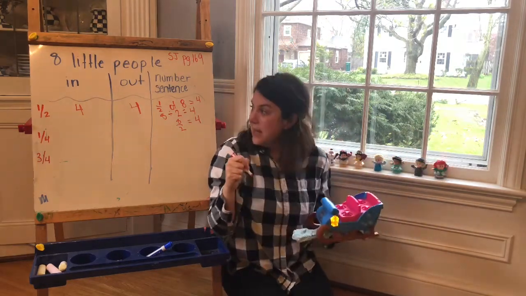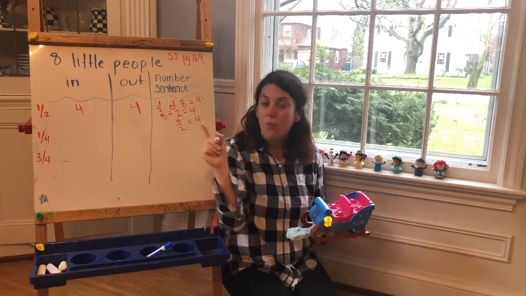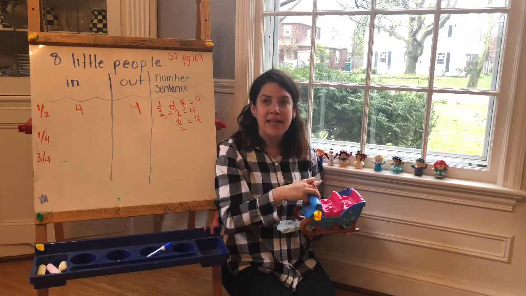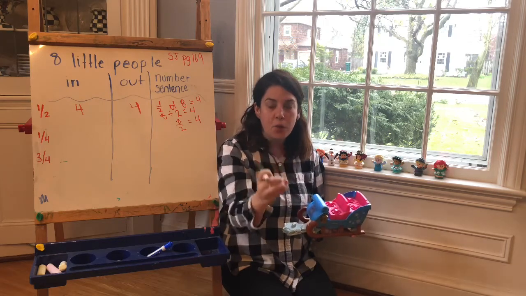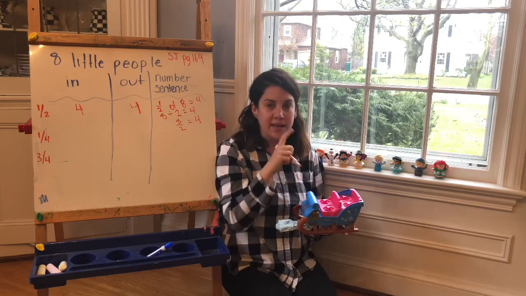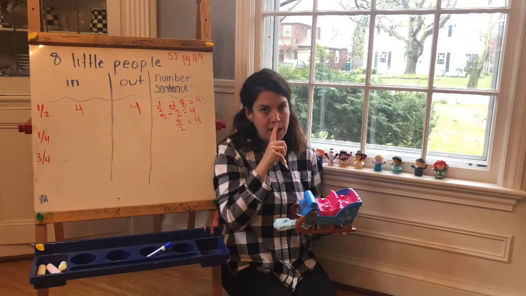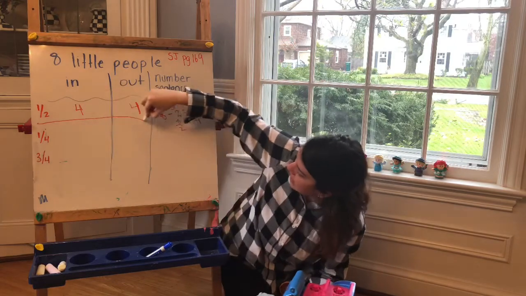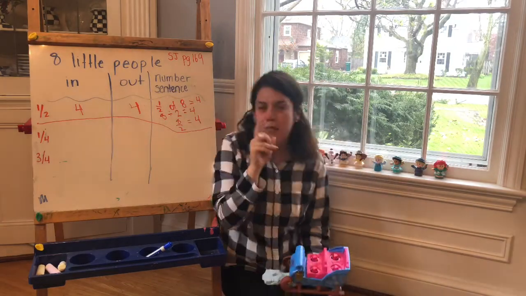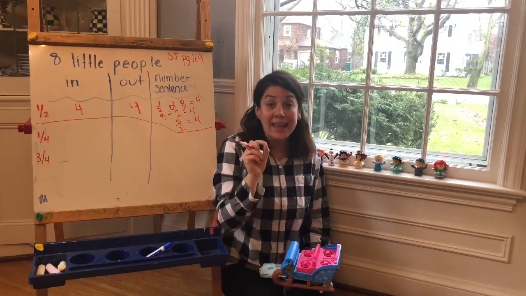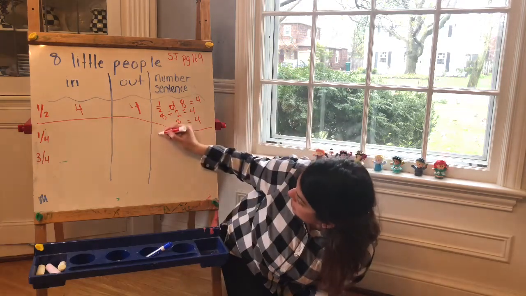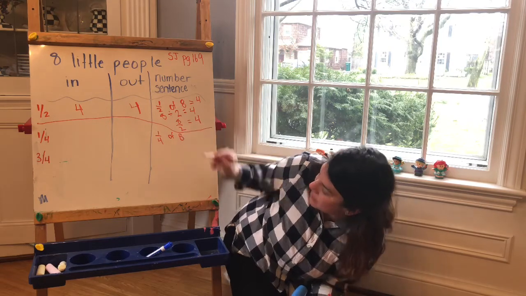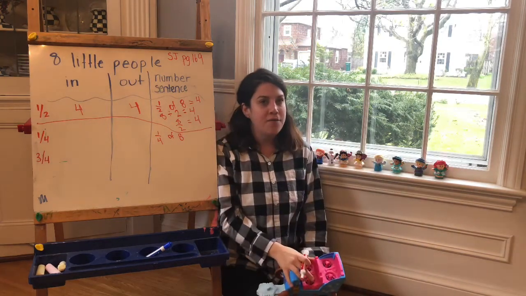And now I want you to think about how many would be in my sleigh if I were to say that 1/4 were in my sleigh? So think about that. That would be saying, I'm gonna sort of draw a line over here, that I have 8 little people, and I would be splitting them by 4.